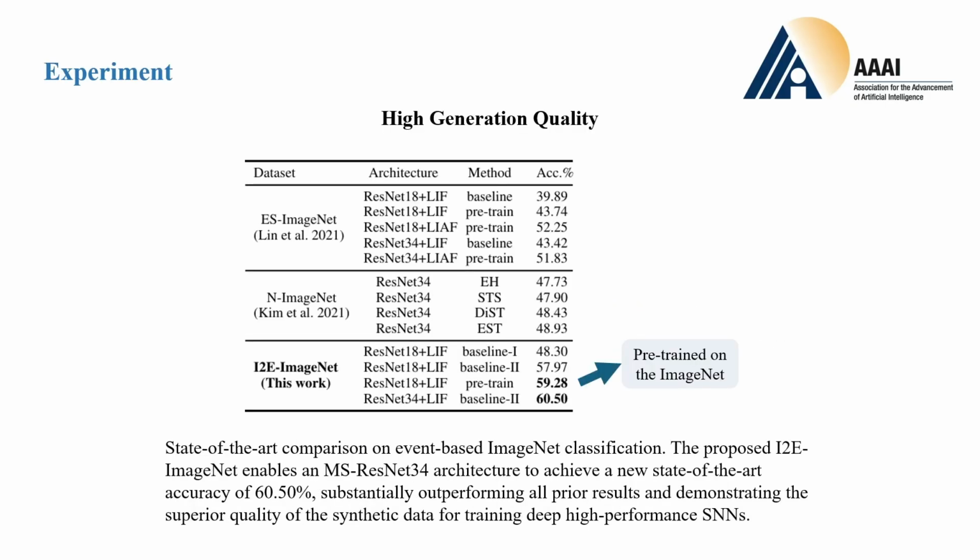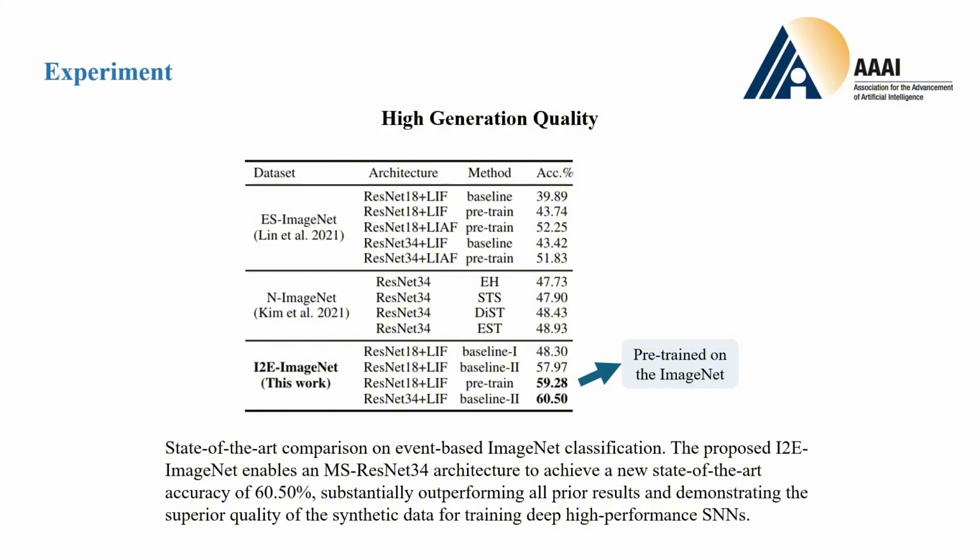We tested I2E on the large-scale ImageNet benchmark. We compared our method against existing event stream datasets based on ImageNet, such as N-ImageNet and ES-ImageNet. We trained a ResNet SNN on our generated data.